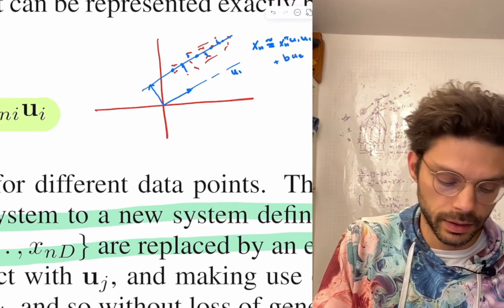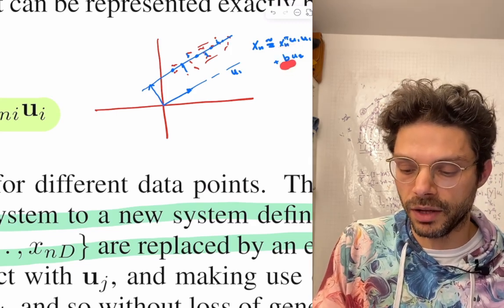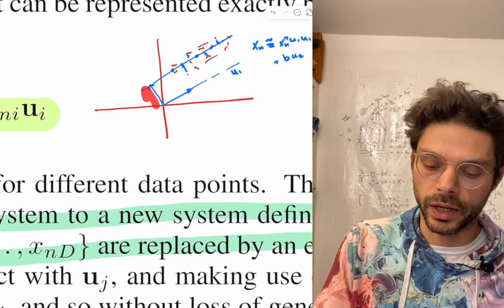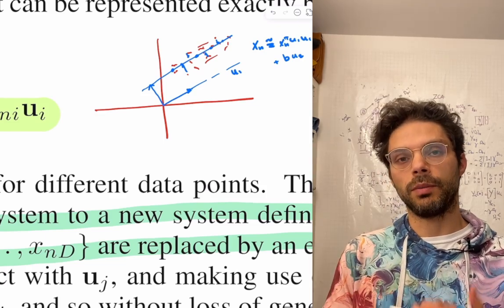And notice that this bit has an index n, but this one doesn't. So we're going to find one b, one projection along the perpendicular direction that we're going to apply to all the data points.